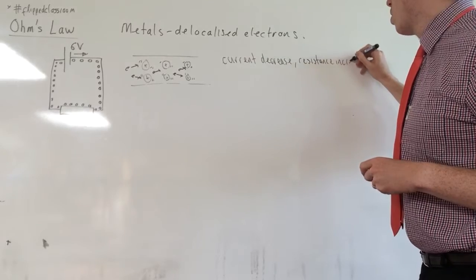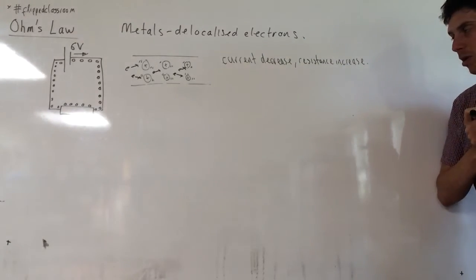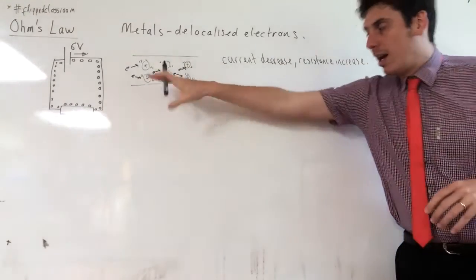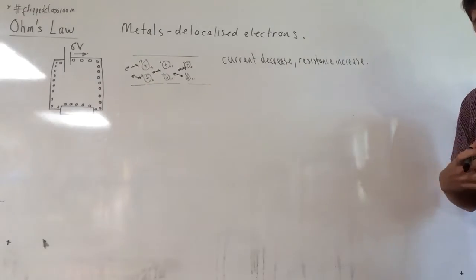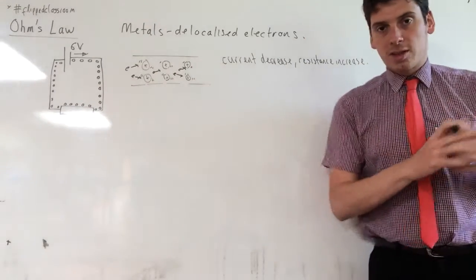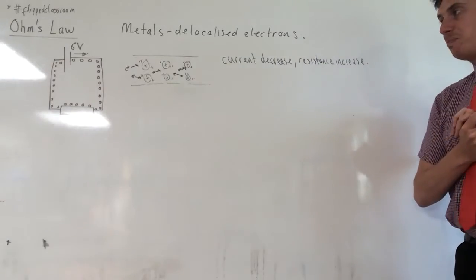Because the resistance has gone up, we have more collisions and less current can get through. So we think of resistance as the difficulty that the electrons experience trying to get through the circuit.